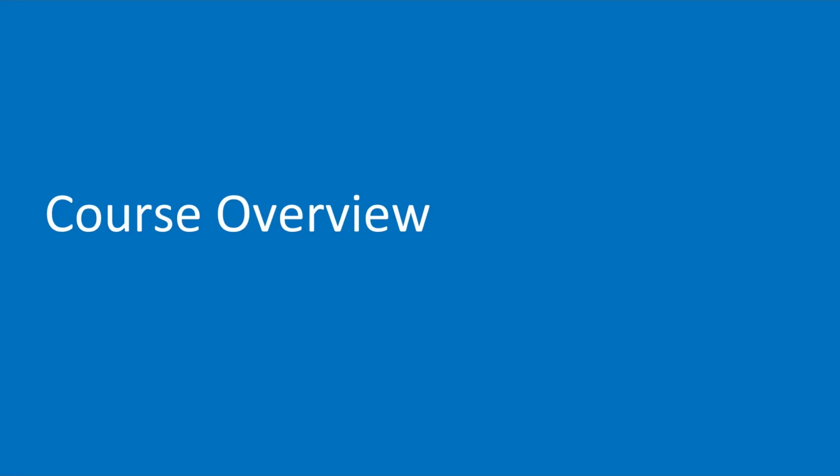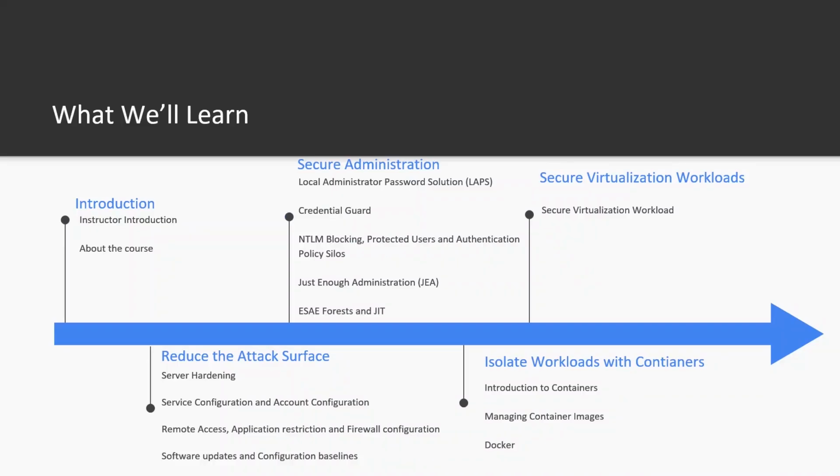Now let's take a look at how the course is structured, what we will go through, and see the sections of the course in a nutshell. In section number 1, the introduction section, the previous lesson was the instructor introduction, and this second lesson is where we are talking about the course.